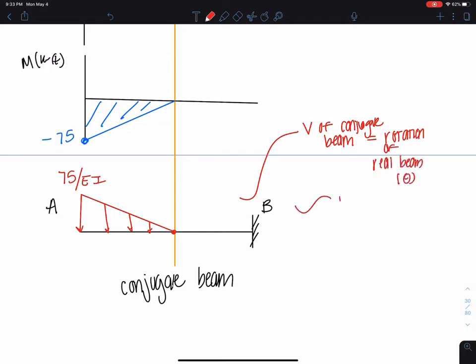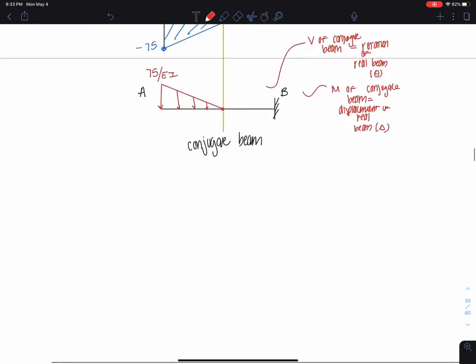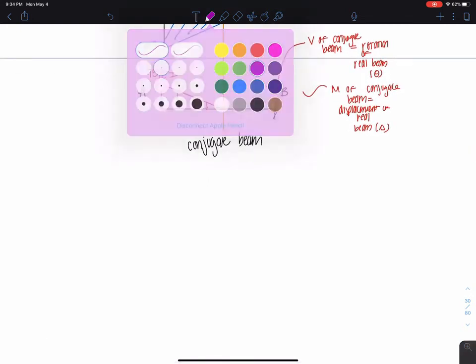And then M of the conjugate beam is equal to the displacement of the real beam. This is that delta value. Okay. So now this is going to be a quick analysis here.